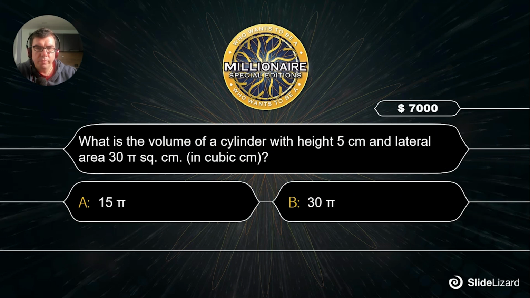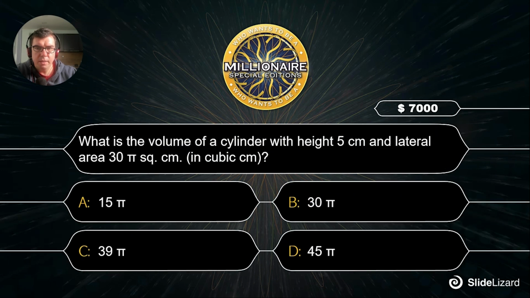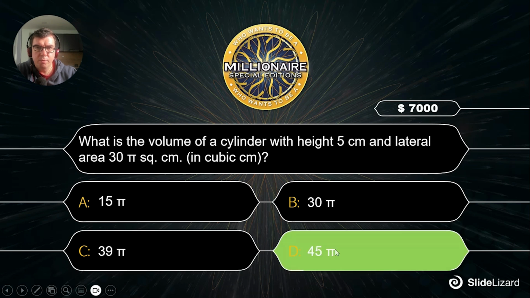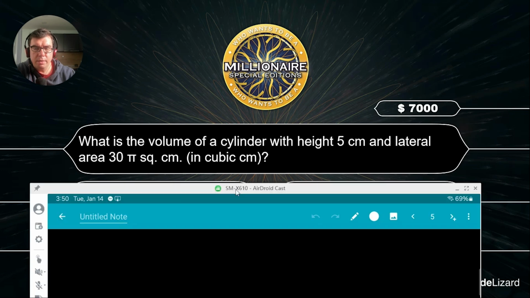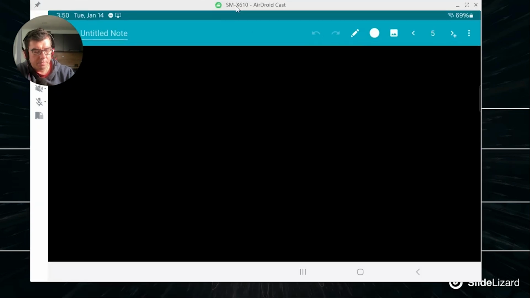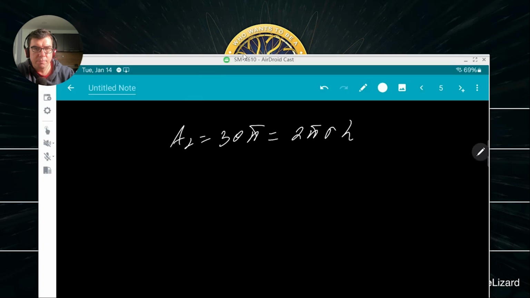What is the volume of a cylinder with height 5 and lateral area 30 pi? Did you get D, 45 pi? That is correct. The lateral area of the cylinder is 30 pi, and we know that this is 2 pi r h, and h is 5.